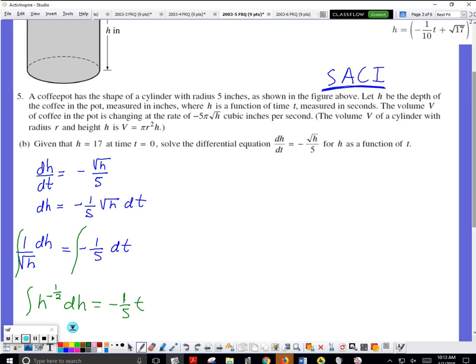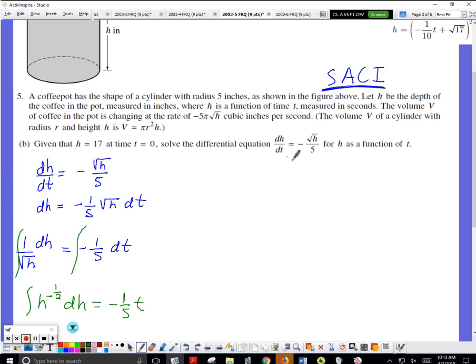Okay, no, your question is spot on. Look at me. It seems like every year they come up with a different way to phrase that you're supposed to use the sassy method, so I can't give you one phrase that means I'm supposed to use it. But the keywords to look for are if they give you a differential equation. Just because they give you a differential equation doesn't mean sassy method, but it's possible.